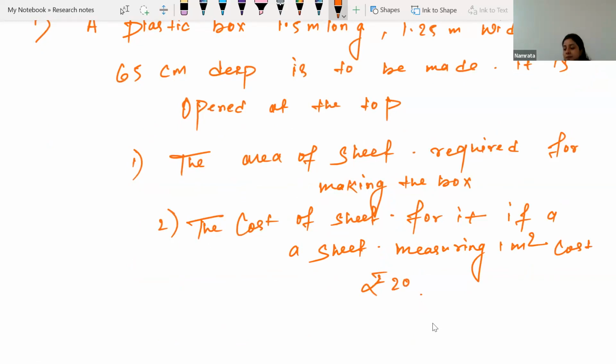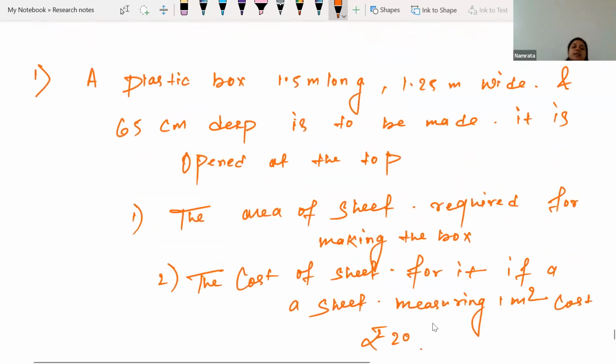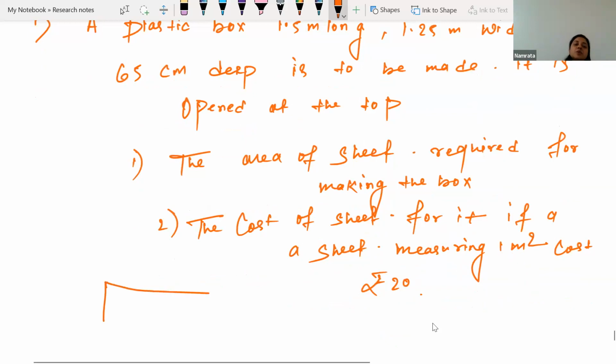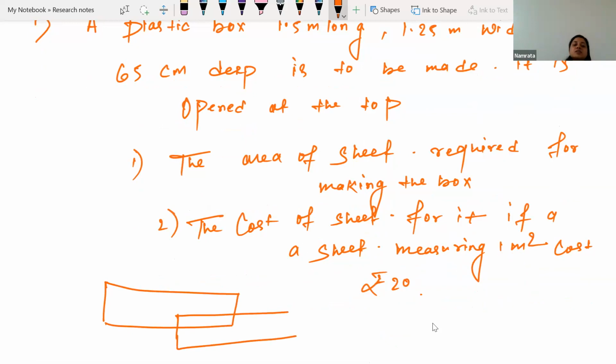Let's do it quickly. So a plastic box is there. As you can see, length, breadth and height are given. So the box must be in the shape of a cuboid, right? So we have a cuboid whose length, breadth, height, everything is given.